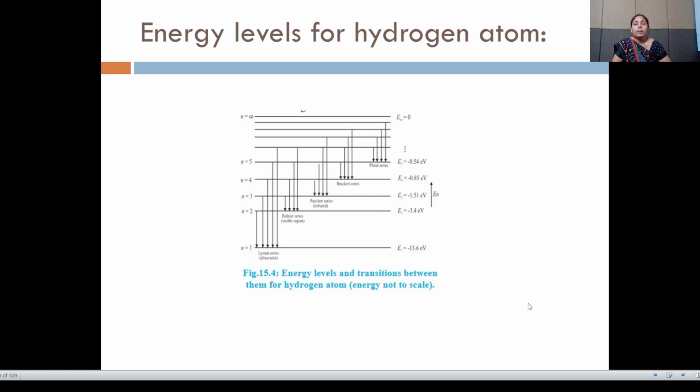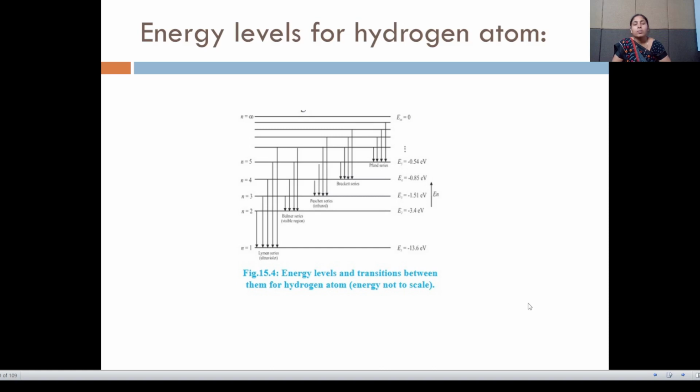Then by putting n is equal to 4, n is equal to 5, up to n is equal to infinity, we will get different energies. That is, E4 is equal to minus 0.85 electron volt, E5 is equal to minus 0.54 electron volt, and E infinity is equal to 0.